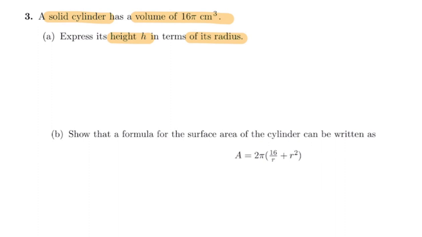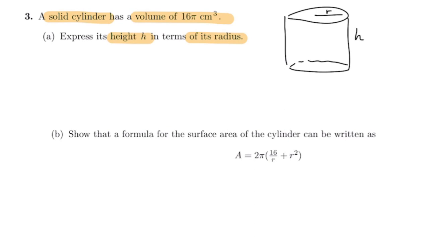So the first thing I'm going to do is draw a diagram. There is my cylinder, very bad diagram, but it doesn't matter, with a radius of r and a height of h. You're going to use a basic piece of information. You're told that V equals 16 pi, and you know that the volume of a cylinder is pi r squared h.